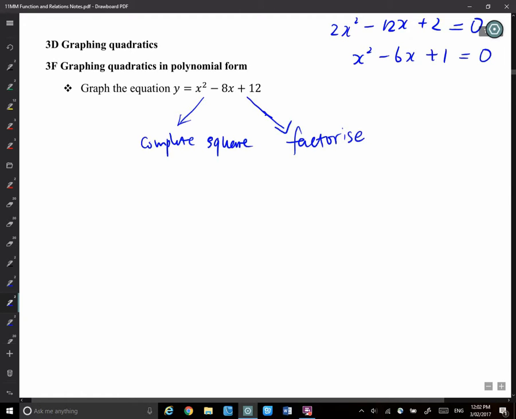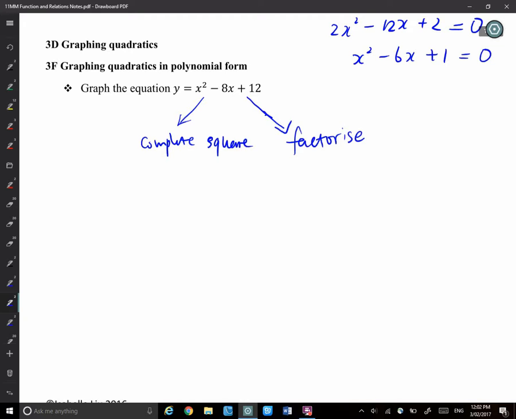If you can complete the square, complete the square. You need to have either intercept form or turning point form to sketch a quadratic. You cannot sketch a quadratic by looking at the general form. You can only sketch it from the turning point form or the intercept form. If you factorize, that will be the intercept form. If you complete the square, that will be the turning point form.